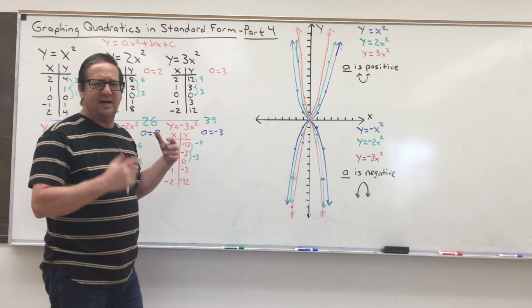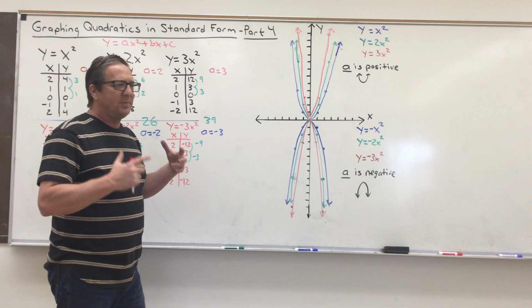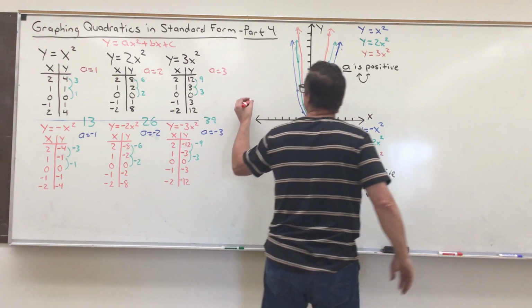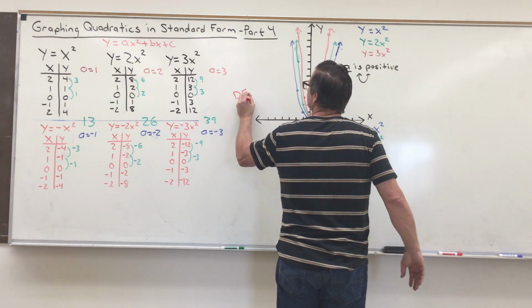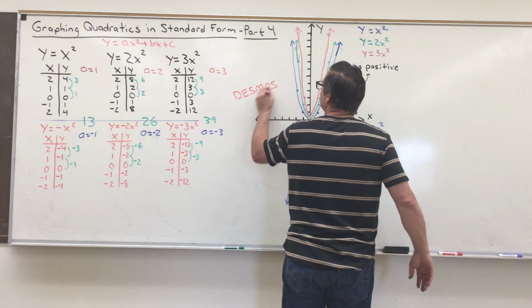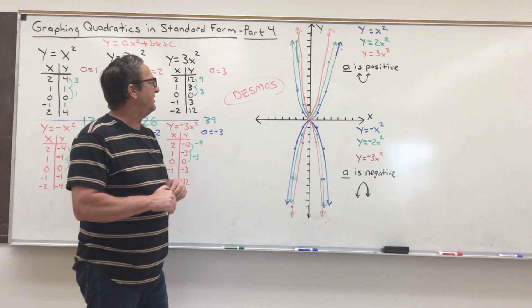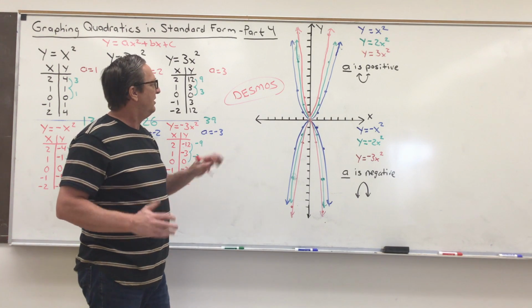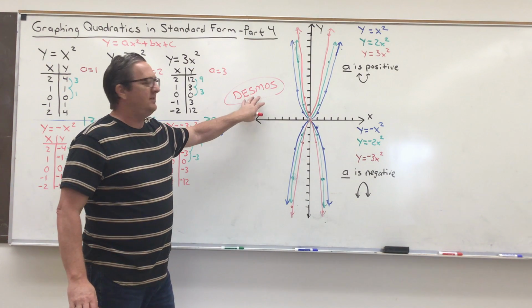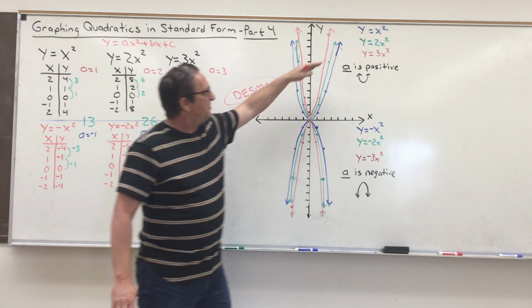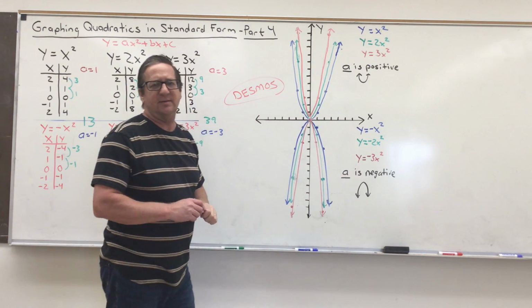You can take down all this information. You probably need it, or snap a shot of it for your notes. I asked you the other day to download the Desmos graphing calculator. If you haven't done it, I would like you to do it. And you can punch in all 6 of these at the same time.